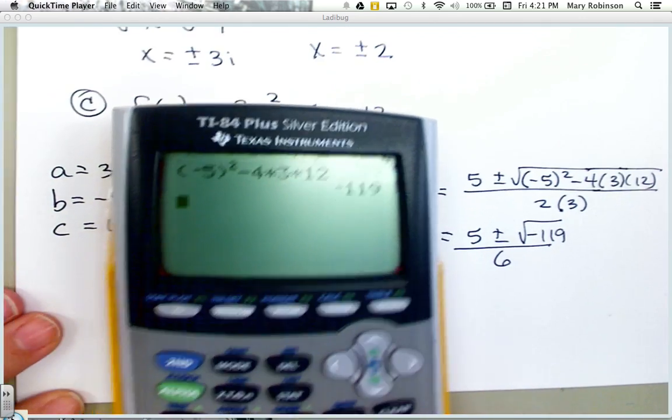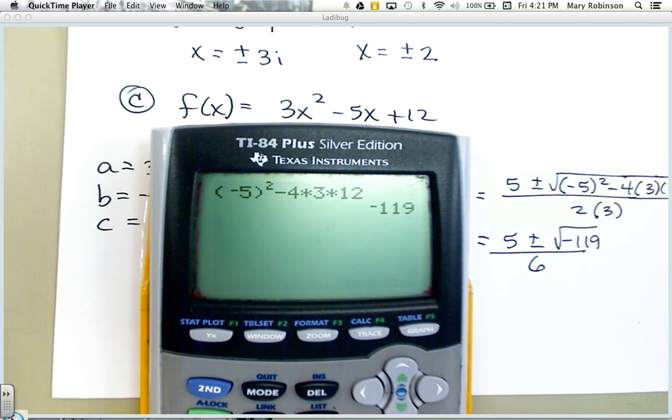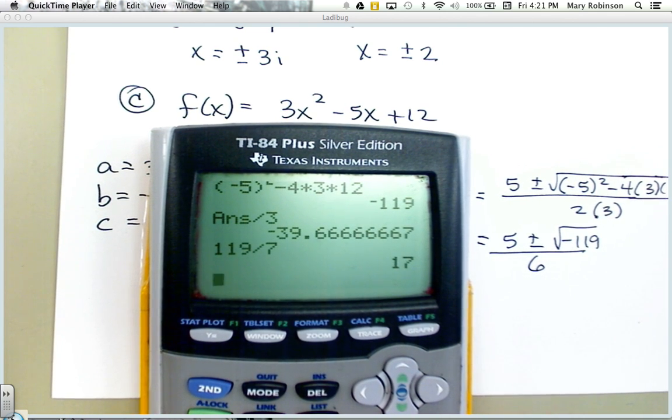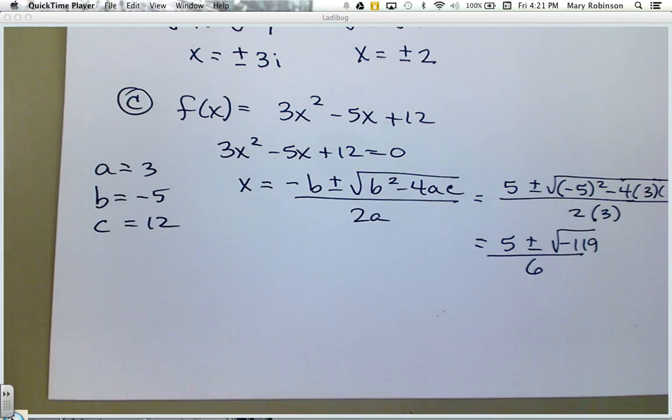So 119, you might think back to your divisibility rules to see if there are any common factors. It's an odd number, so you wouldn't want to divide by an even. If you divide by 3, Miss Spellman, if you're in the building, it's not evenly divisible. Divide by 7. It is divisible, but you've got 7 and 17, both of which are prime numbers, so you do not have any common factors.